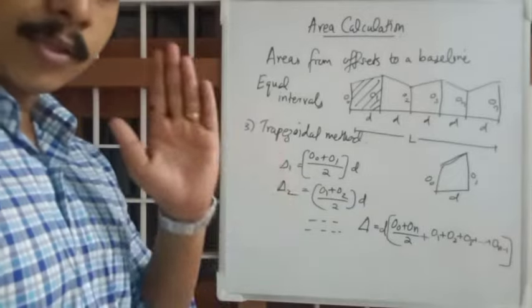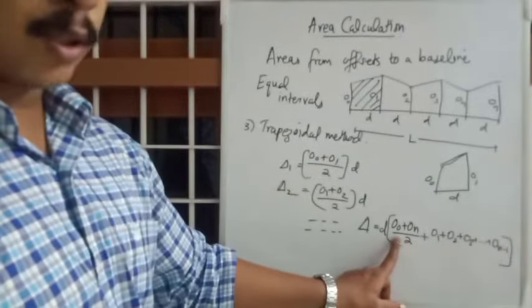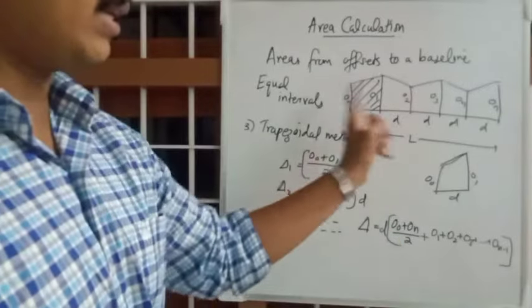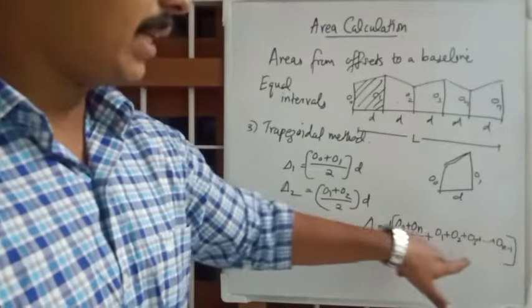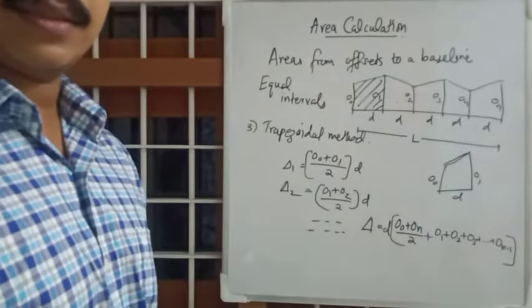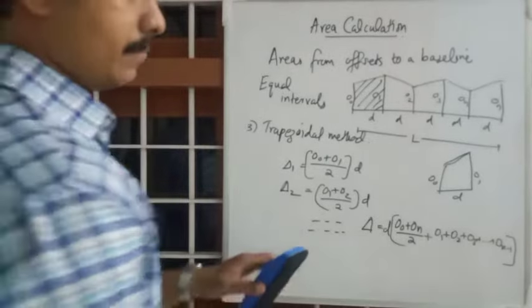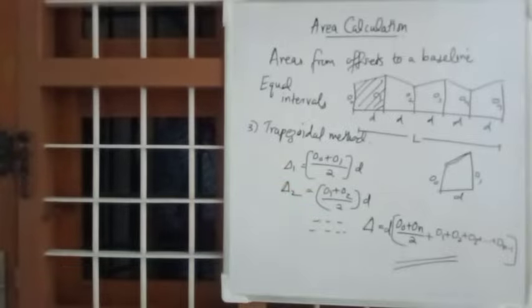Okay, so understand by that concept: take the average of end ordinates and add it with all the remaining intermediate ordinates, then multiply it with the interval. That's it. So that is the trapezoidal method.